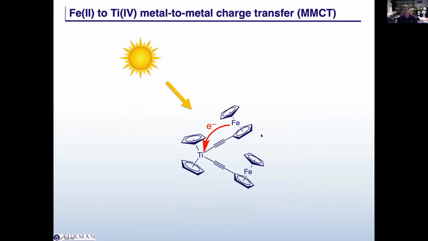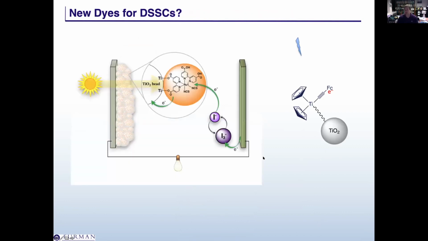And so our group has been working on making molecules with iron and titanium. When these absorb light, an electron moves from the iron over to the titanium. That's the kind of electron movement that we want. And so if we can get the titanium part stuck to the titanium dioxide, maybe the electron can go from here to here, and go through an external circuit.